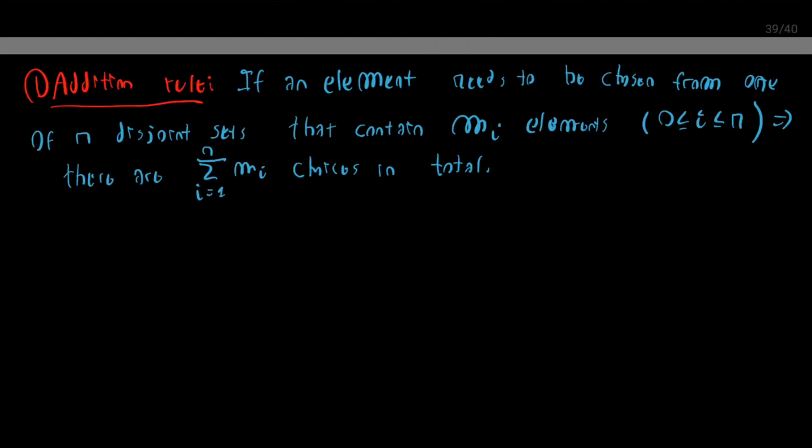The addition rule says that if an element needs to be chosen from one of n disjoint sets, and notice here that we mean pairwise disjoint sets, meaning that we have n sets such that they're all disjoint for any indices which are different from one another, and each one contains mi elements, meaning the first set will contain m1 elements, then the second one m2, and so on, then there are in total m1 plus m2 plus up to mn choices. And here I've used the sum notation to write it more compactly.